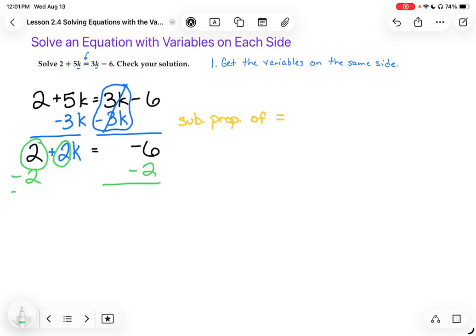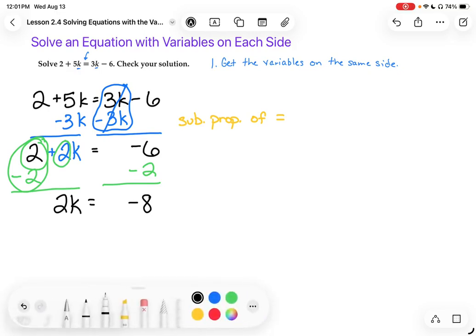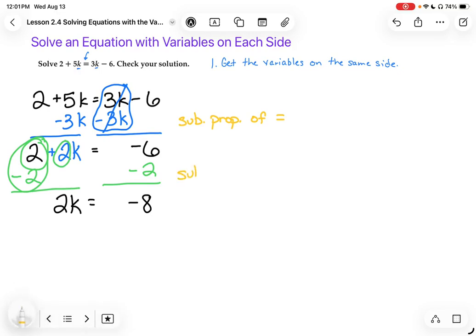So we're going to use the subtraction property of equality again. 2 minus 2, of course, is 0. And so we'll have 2k left on our left side of the equation. And on the right side, we will have negative 6 minus 2, which is negative 8. And again, we are using the subtraction property of equality.